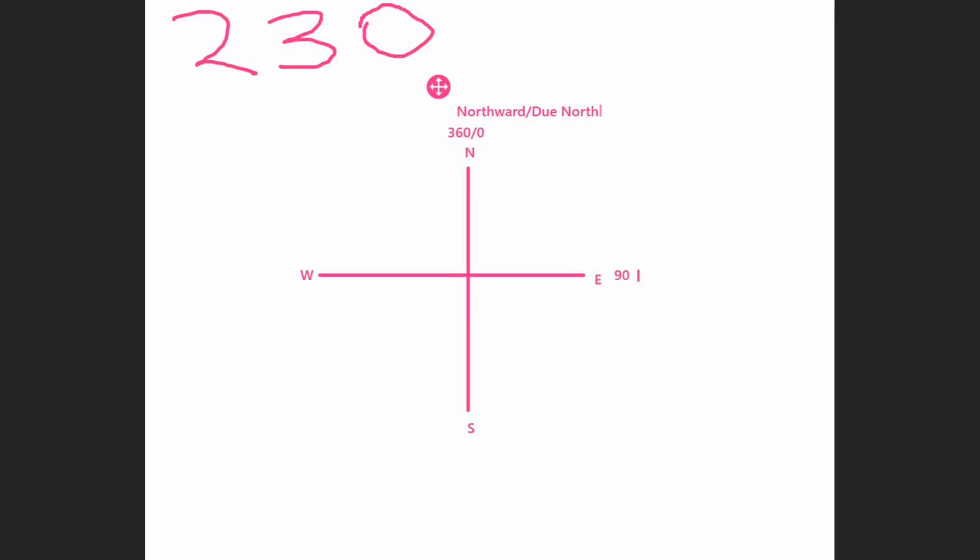Then right here we call it eastward, or due east. And at the bottom here we call it southward, or due south.